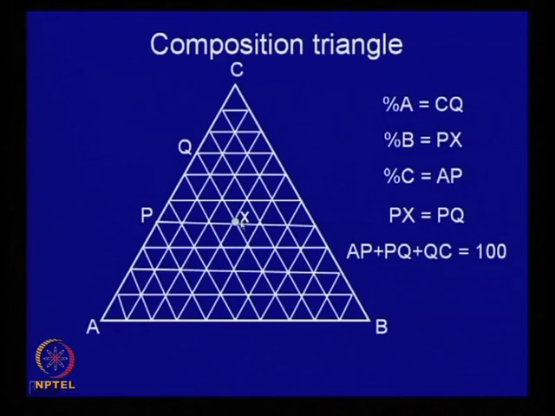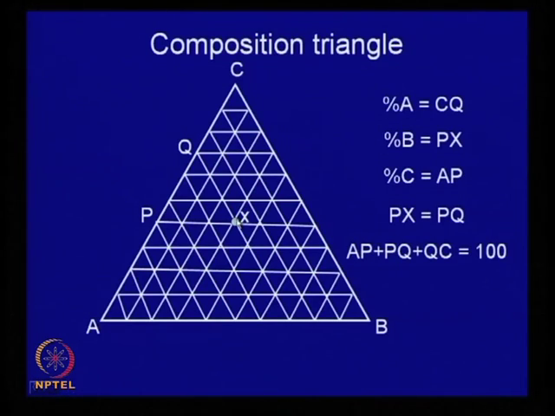What will be the composition of this particular point? You can read it easily. Suppose you want to read the percentage of A. You read from this end: 0, 10, 20, 30. So A is 30. Similarly, how much is B?